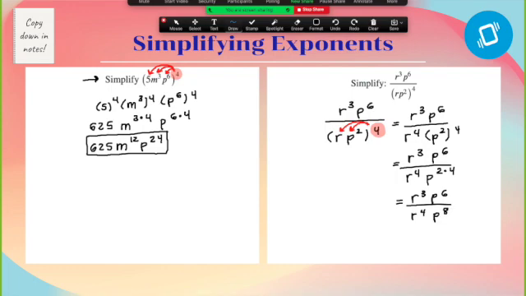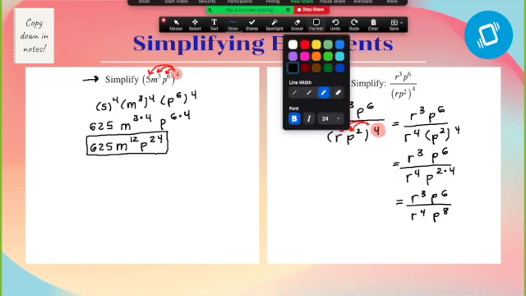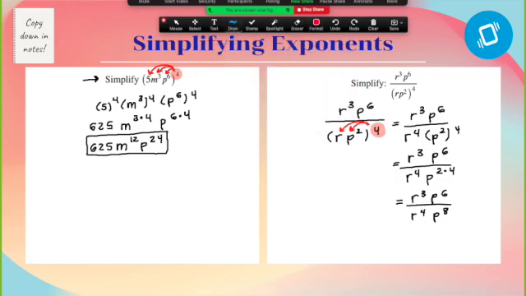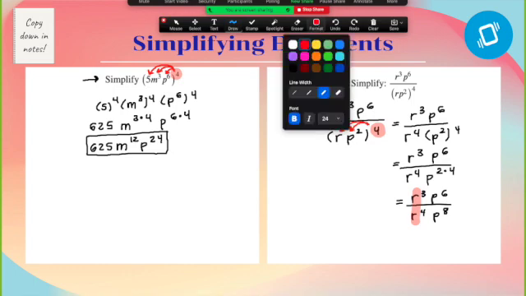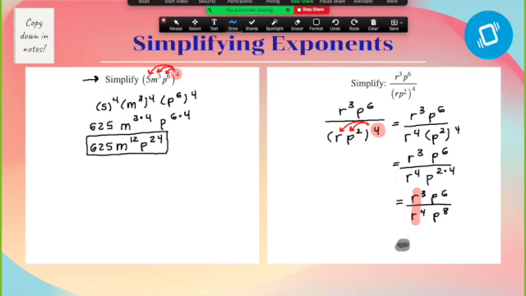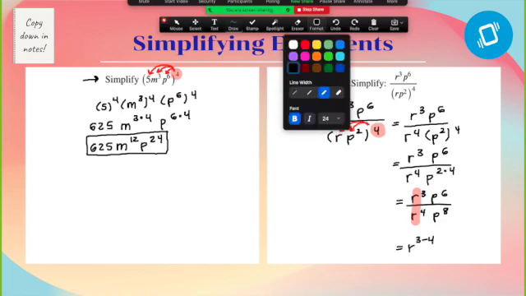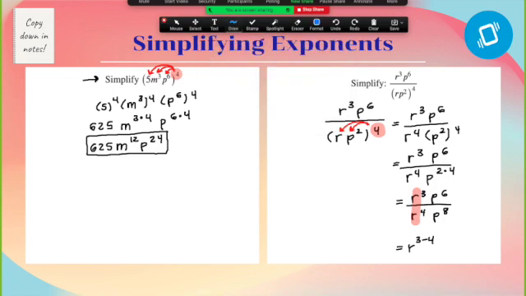Then we want to deal with the fractions. So I'm going to combine the r's with each other. Since the r's are dividing, that means our exponents are going to be subtracting, which means that we get r to the power of 3 minus 4. And then the p's are also dividing with each other.